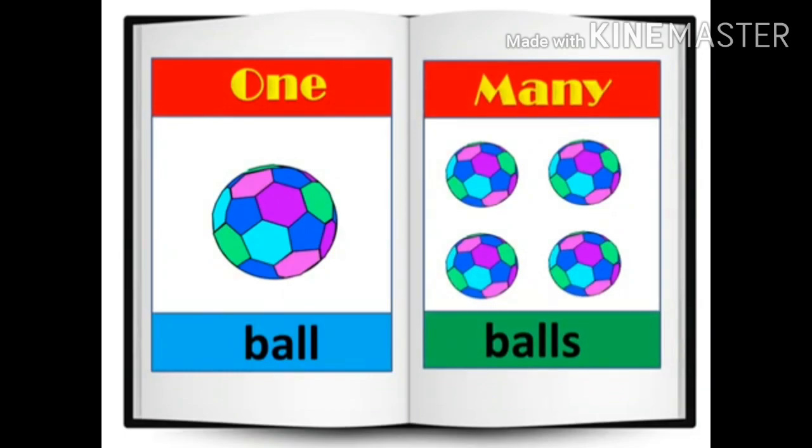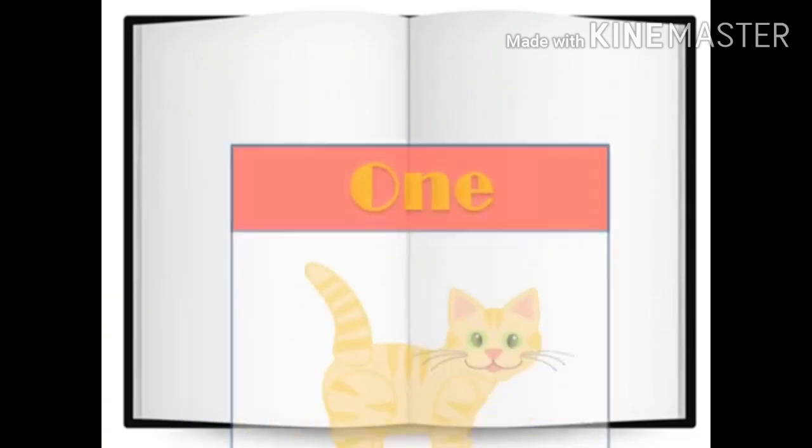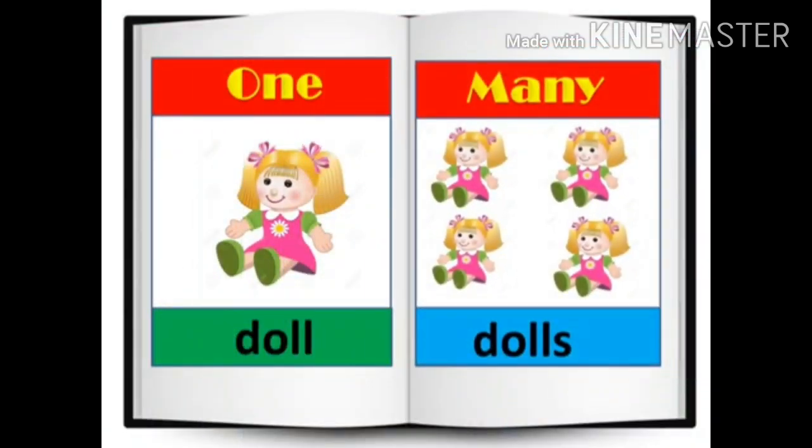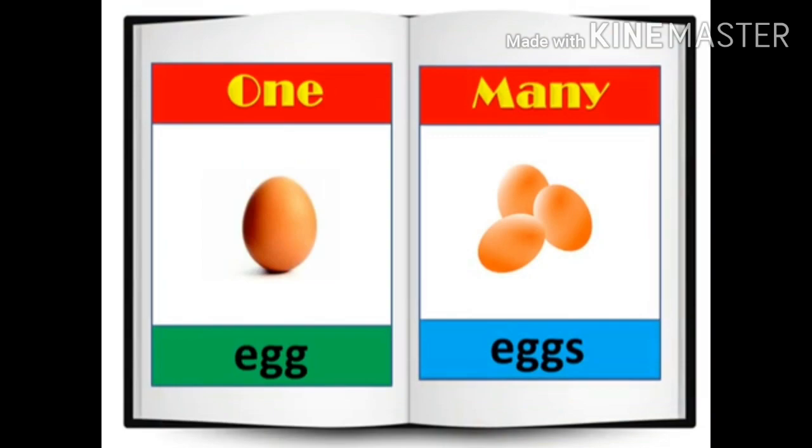One ball, many balls. One cat, many cats. One doll, many dolls. One egg, many eggs.